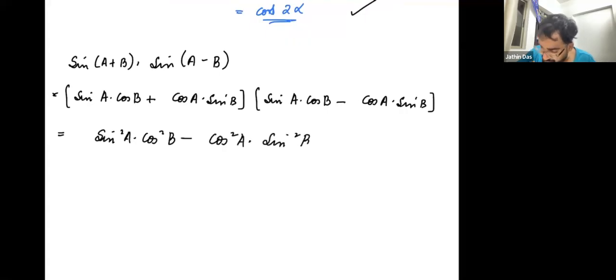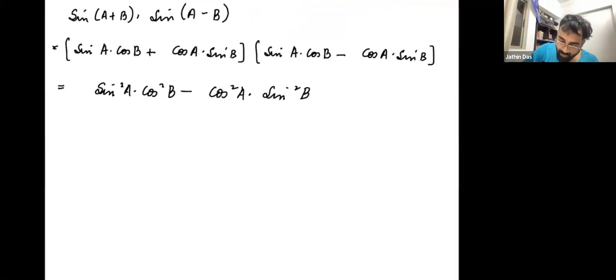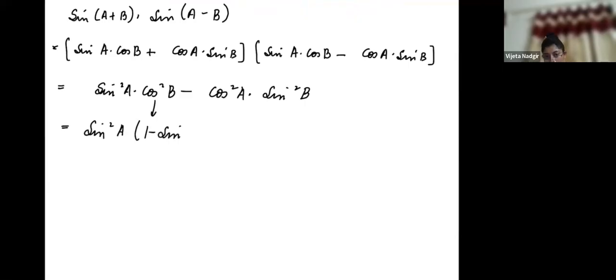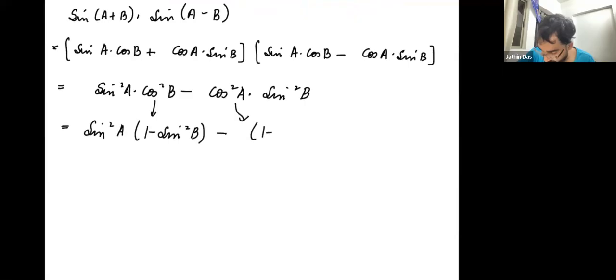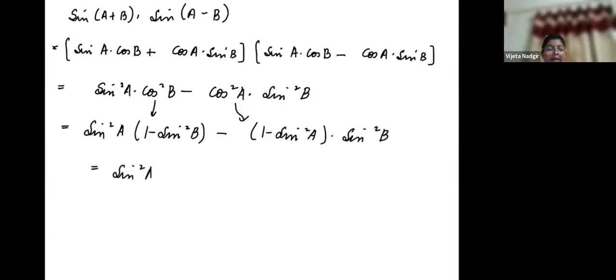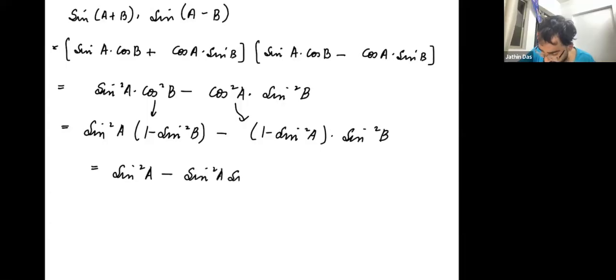Now, what I'm going to do is, I will change this cos square as, actually, you know this. And 1 minus sin square A into sin square B. Multiply inside. Sin square A, just multiply inside.